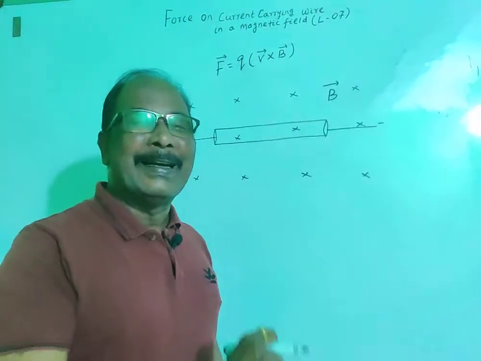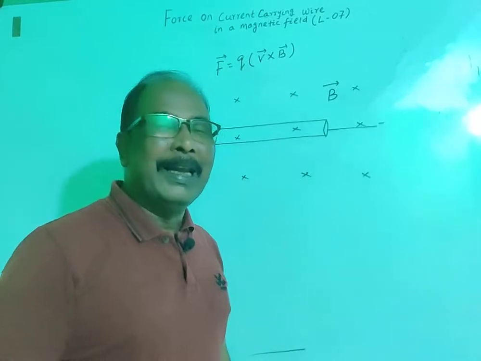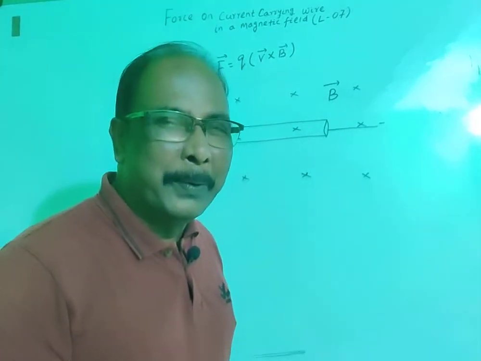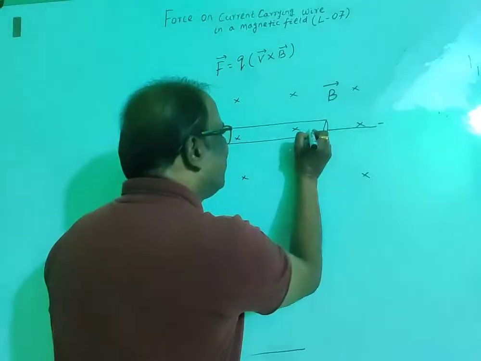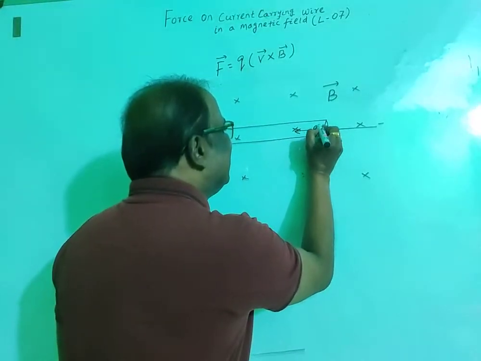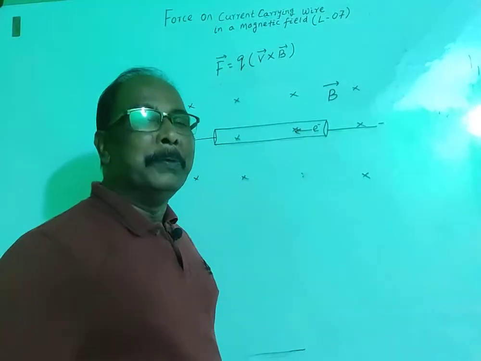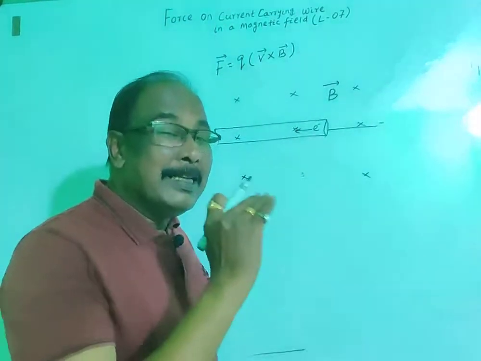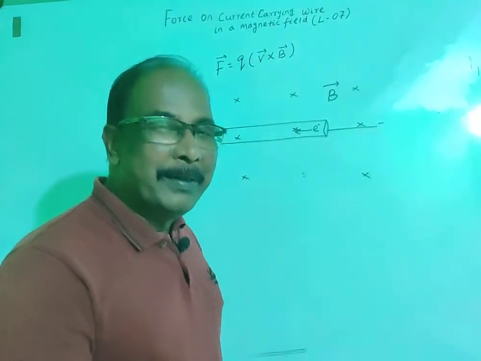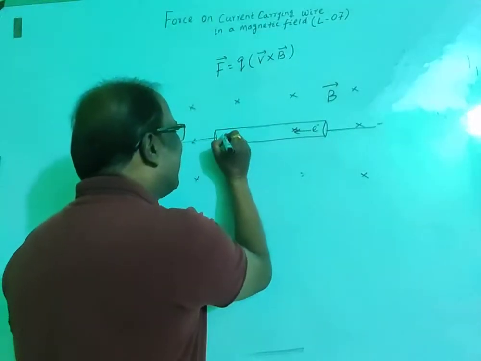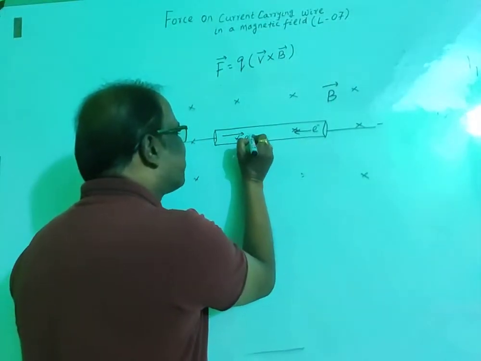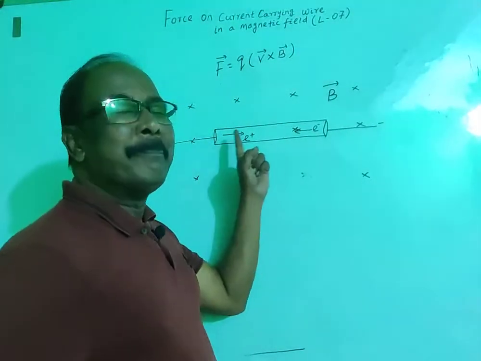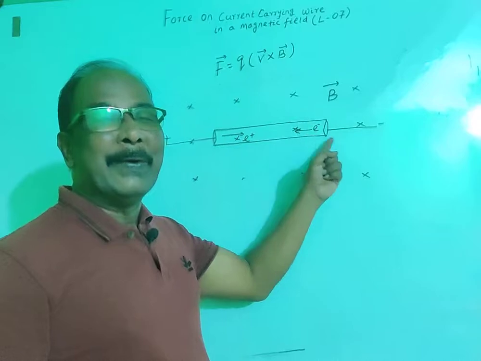So when a conductor is connected between the terminals of a cell, as we know, the free electrons present in the conductor move from low potential to high potential, and conventionally we assume that an equal quantum of positive charge, meaning positrons, moves from high potential to low potential.